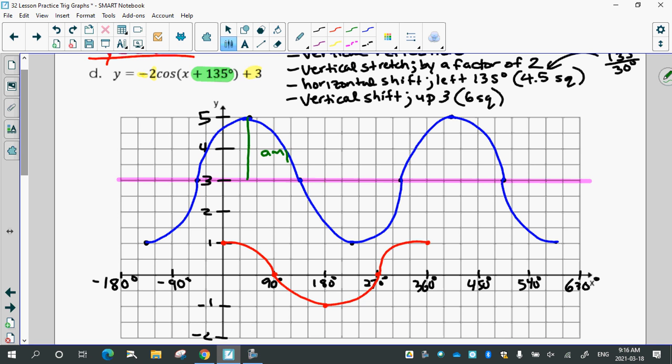So it's from 3 up to 5, which is 2. Period: number of squares for one cycle. So that's going to be 1, 2, 3, 4, 5, 6, 7, 8, 9, 10, 11, 12 squares, even though I started in halfway. So period is going to be 12 squares times 30 degrees, 360 degrees.